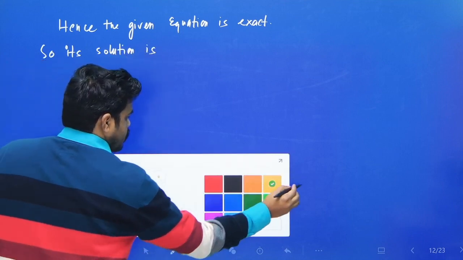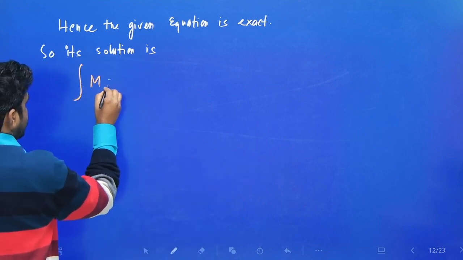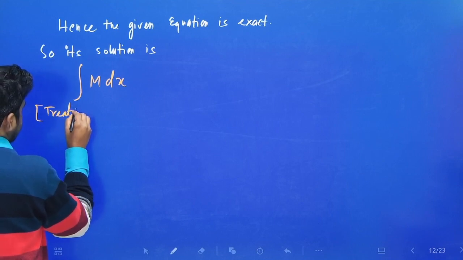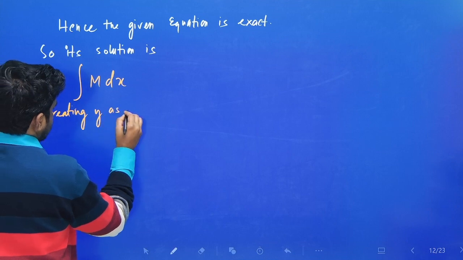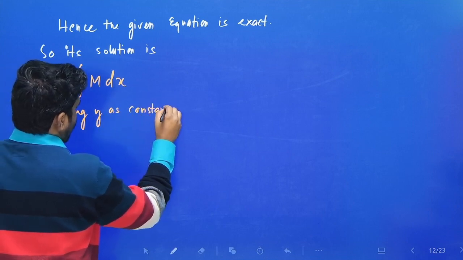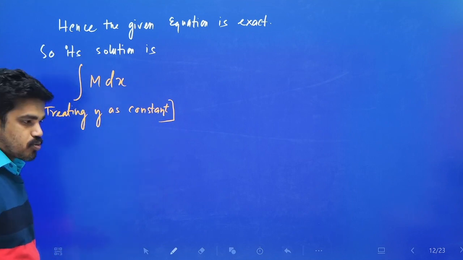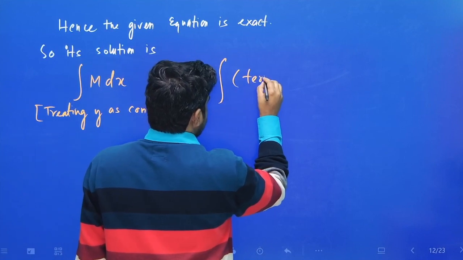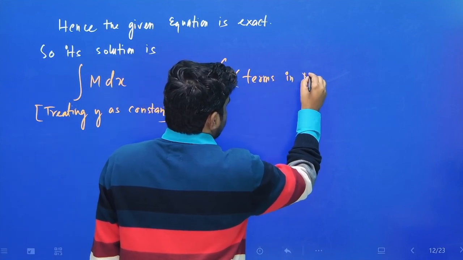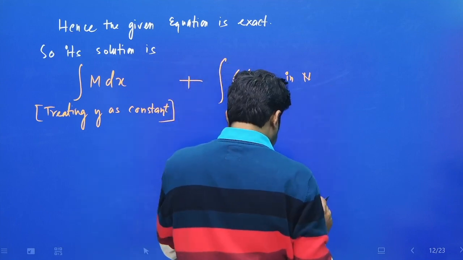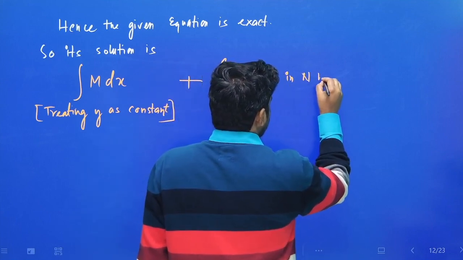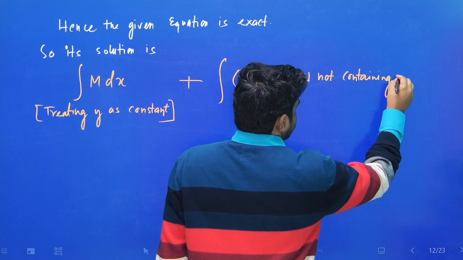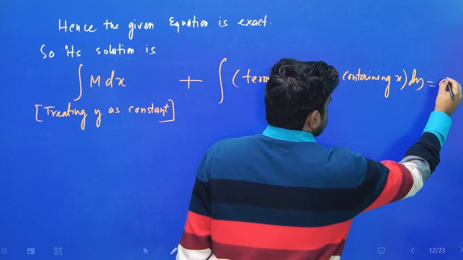note this formula, that is integration M dx, treating y as constant, y কে constant treat করে integration করতে হবে, plus integration terms in N not containing x into dy is equal to c.